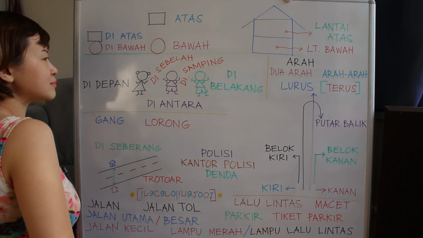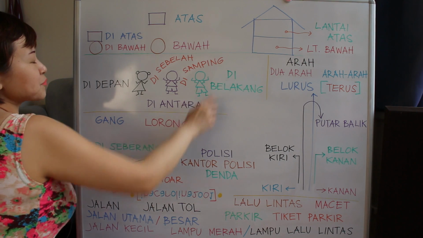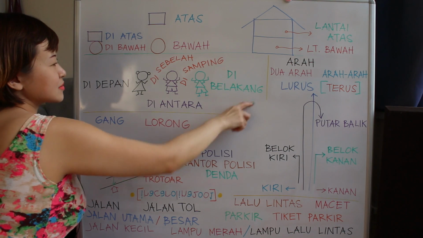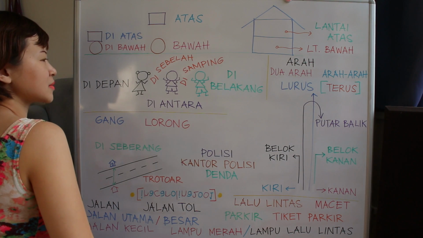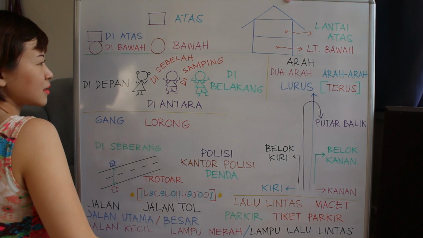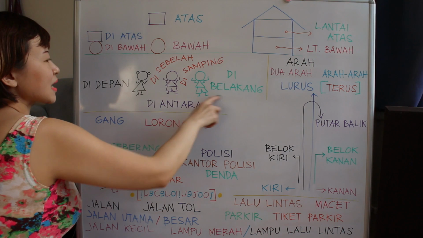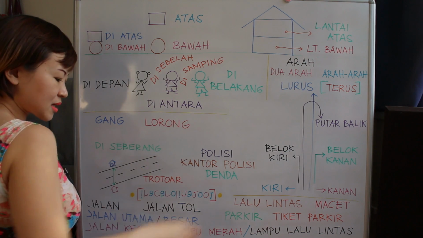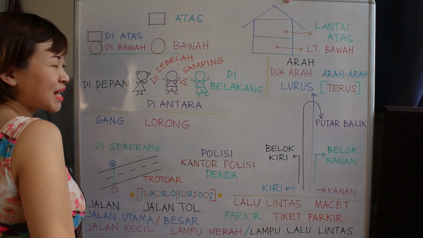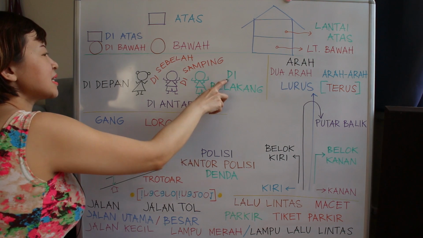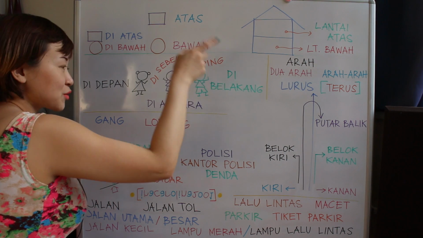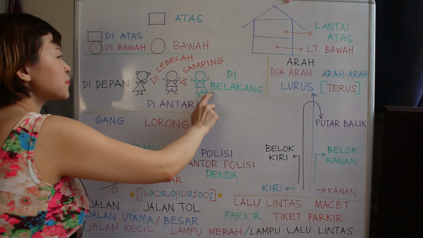Behind, di, space, belakang, back. So behind is at back. Di belakang. Belakang is back. But when you have to say behind, you say di belakang. You don't say the space, of course, but when you write it, you put a space here.